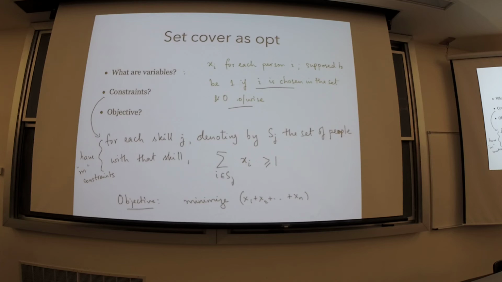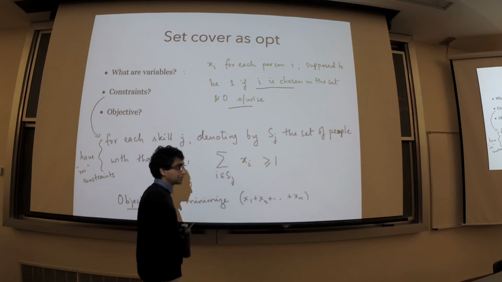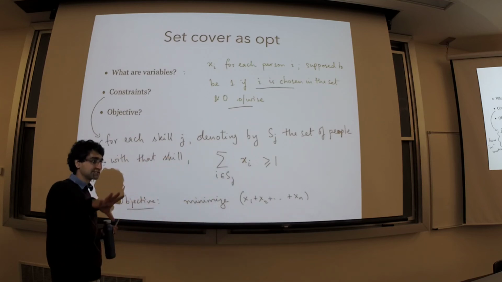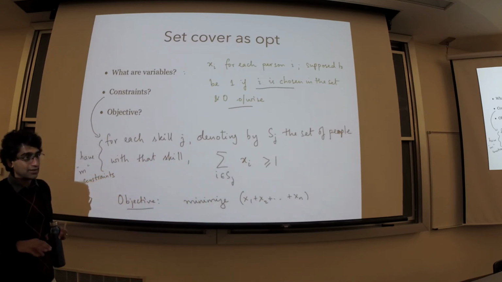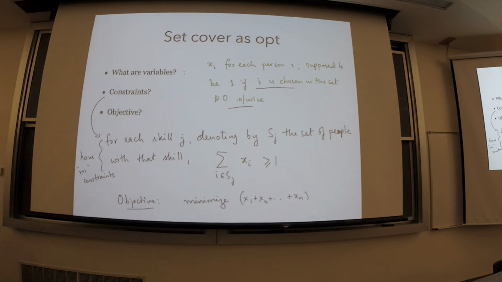Exactly, it comes up in this constraint. Saying what all skills person i has is exactly the same as giving information about all the people who possess skill j. If you have this for every j, then it also tells you the corresponding information. So that's how the information is captured.